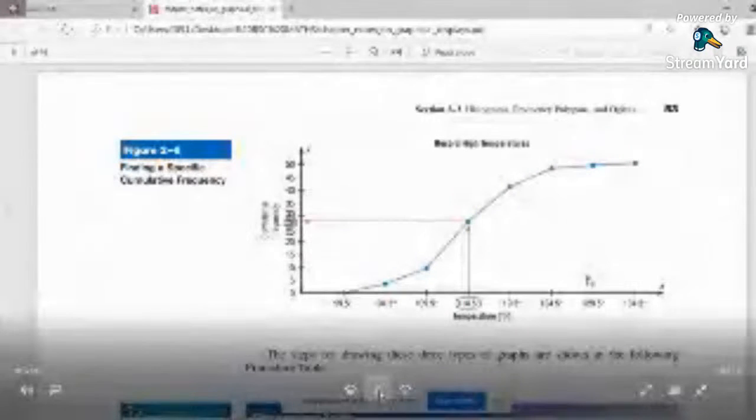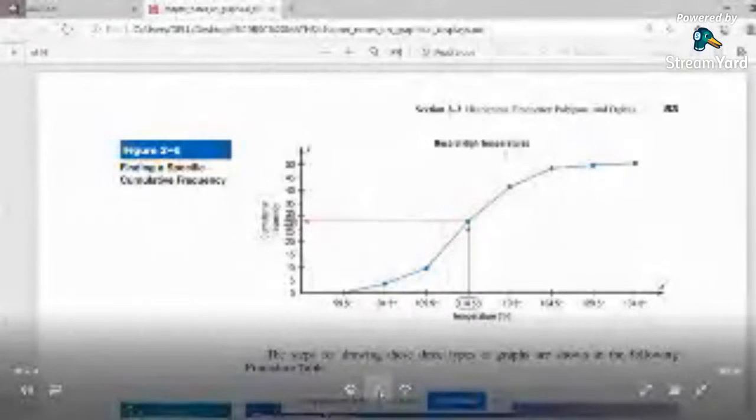For example, suppose we want to find the less than cumulative frequency up to 129.5, we look at the y-axis point corresponding to this dot, so that will be exactly 48. So we need to give this graph only.